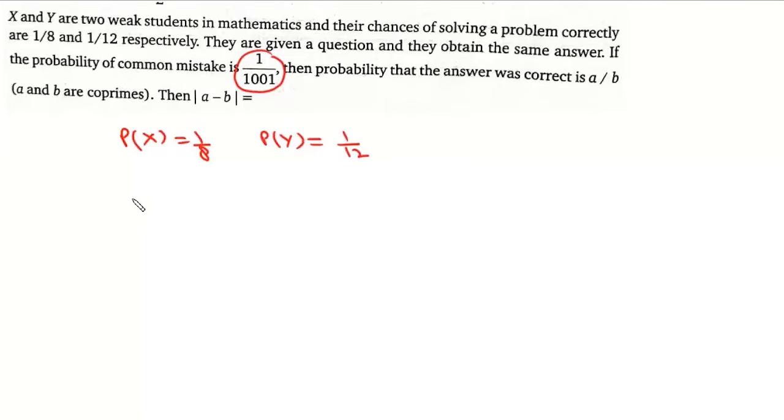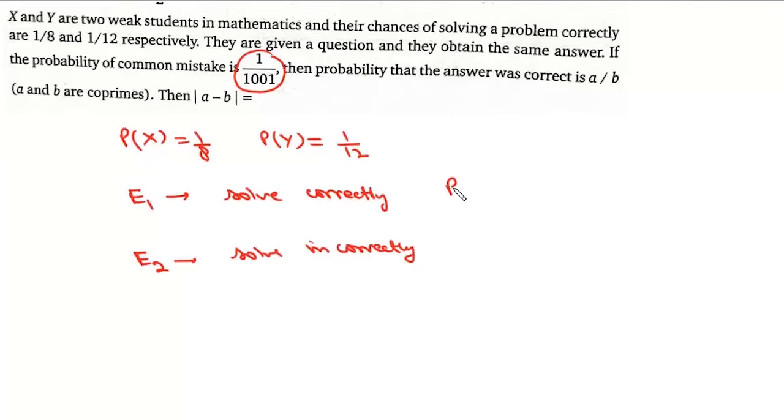Now let us consider two events. Event E1, when both of them solve correctly, and event E2, when both of them solve incorrectly. Now the probability that both of them solve the question correctly is given by probability of X into probability of Y, since they are solving the problem independently.